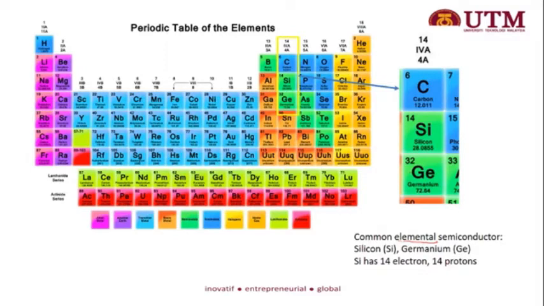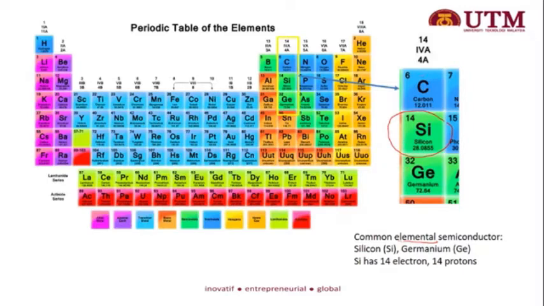Okay, so silicon is very widely used in semiconductor material. So the silicon, and then the germanium. Although germanium is less used in general applications, actually germanium is the first material used for electronic devices.